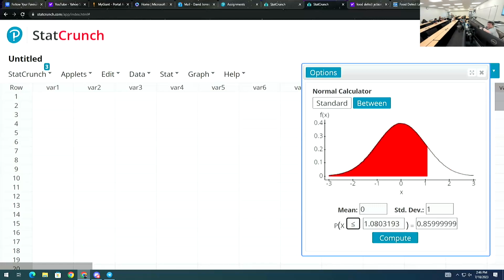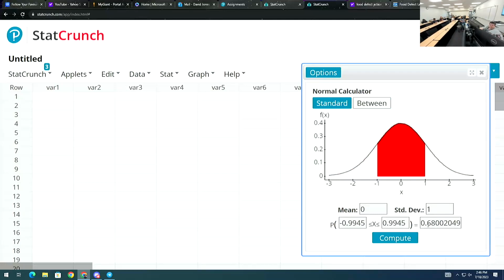If I do the less than or equal to, and I put in the 0.32, this gives me negative 0.47 to 2 decimal places. And finally, if I do the between, I had that 0.18.